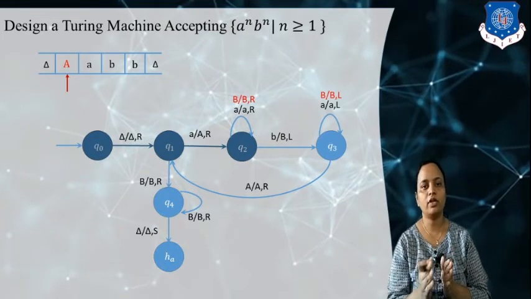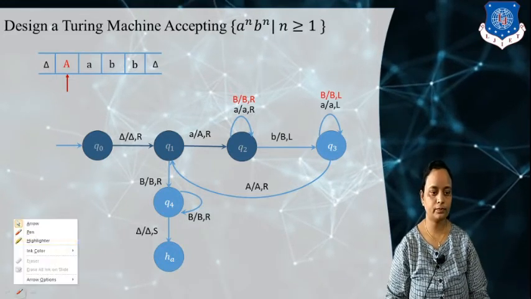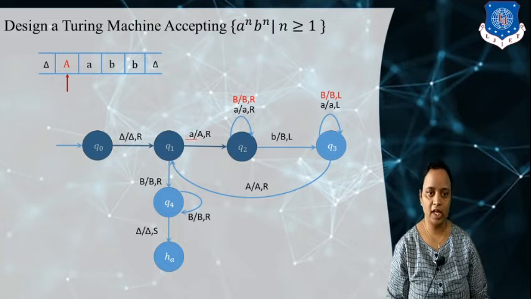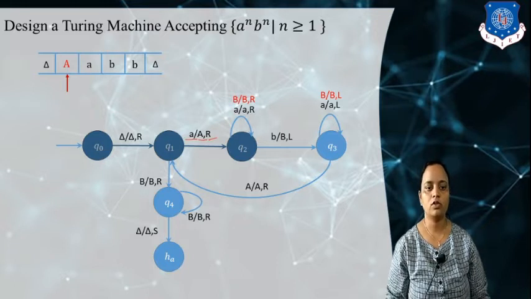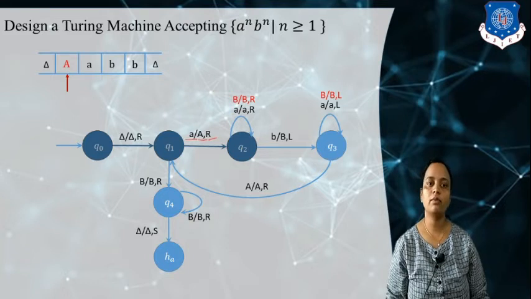We have to move in the right direction. So you can see over here, I am going to read the small a, and this a is replaced by a capital A and I move my head to the right direction. So I have replaced this small a by capital A, and now my head is moving to the right side. For doing this I am changing the state from Q1 to Q2.